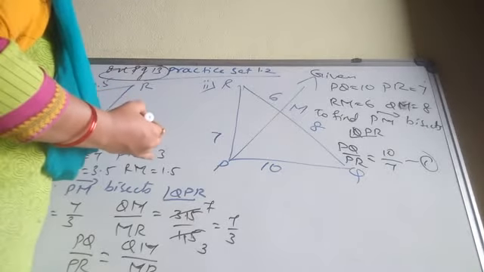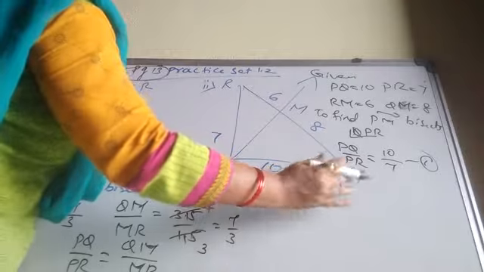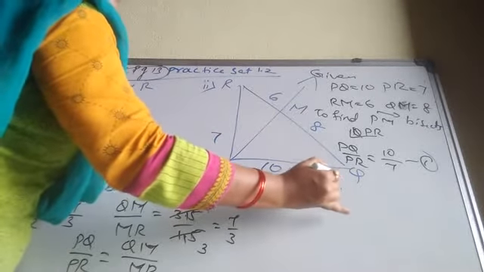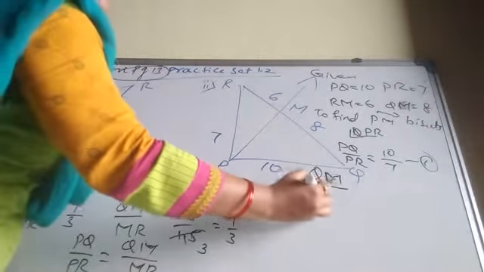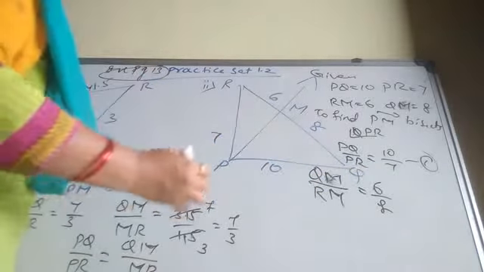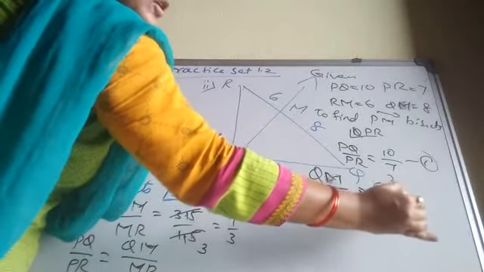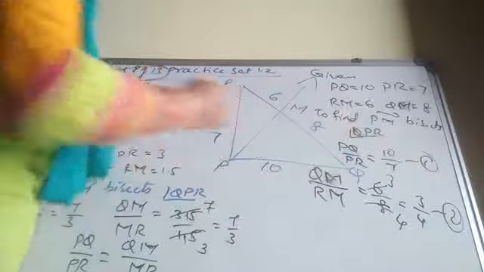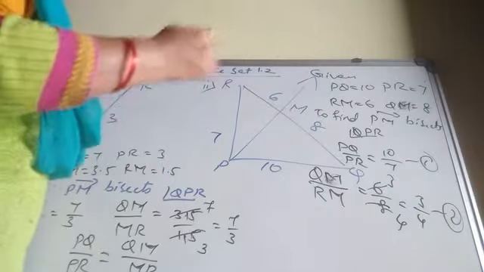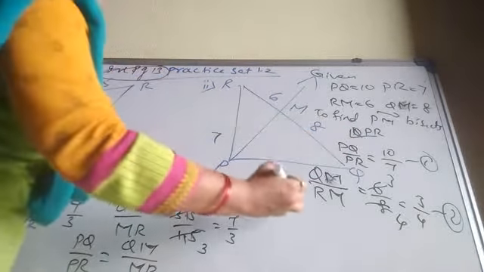Now the RHS condition was QM upon RM, equal to 6 upon 8. 2 twos are 4, 2 threes are 6, so 3 upon 4. This is number 2. From 1 and 2 they are not equal. Left side is 10 upon 7, right side is 3 upon 4.